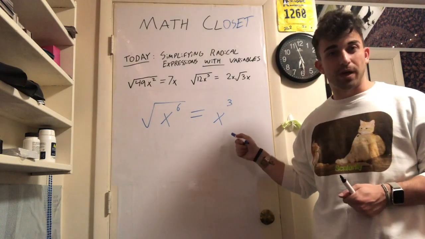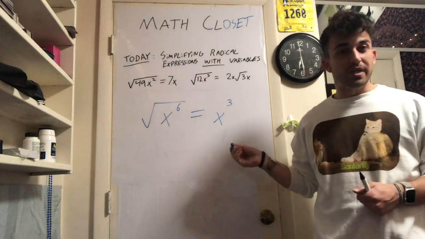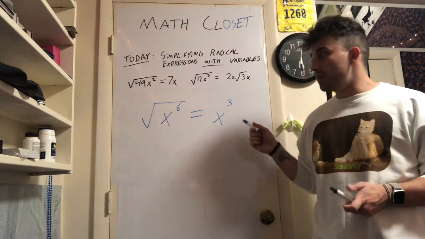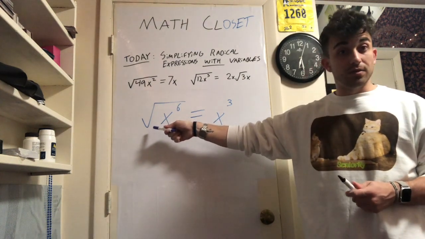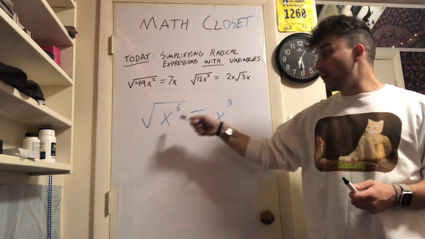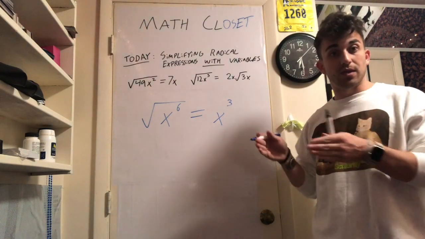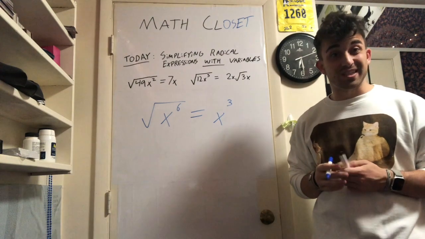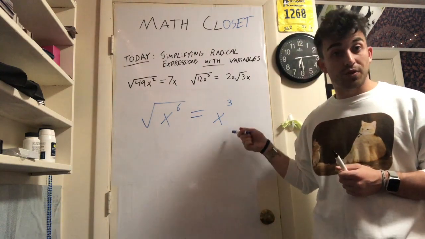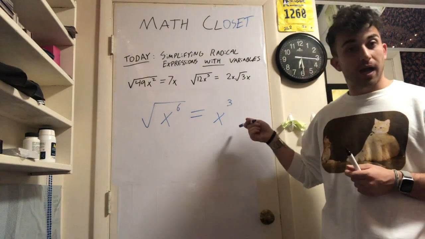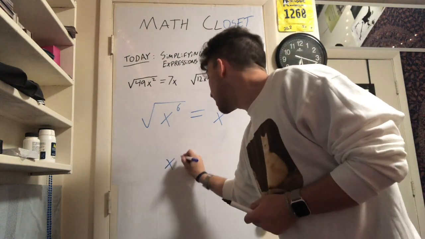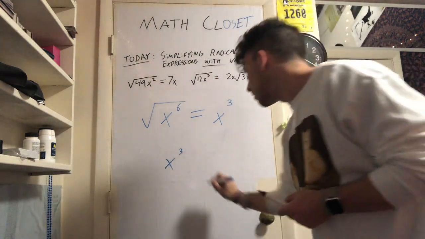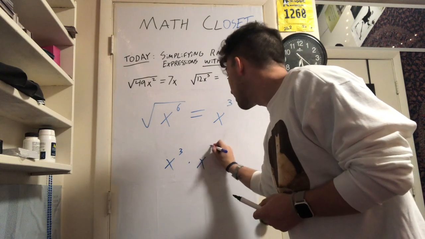And to help you see how that makes sense, remember that what the radical sign does, what the square root does, is it says what in here is something times itself. So if we are saying that the square root of x to the 6th power is x to the 3rd, well, let's see what happens when we multiply x to the 3rd power by itself.